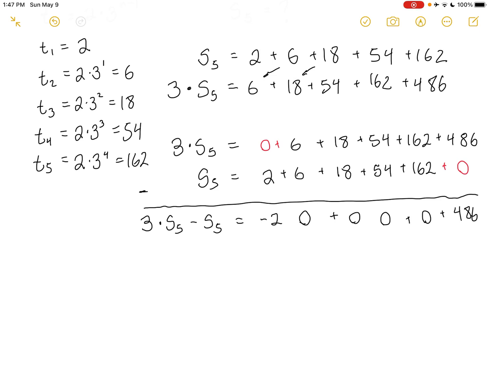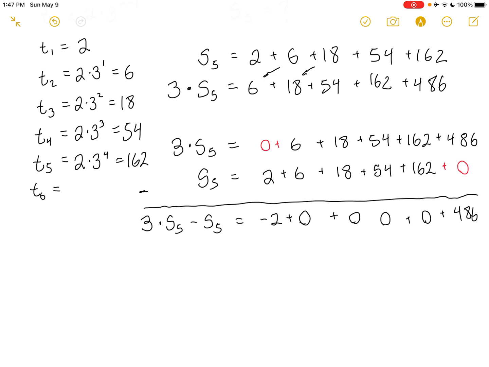So you can see all of these terms in the middle actually cancel each other out, and what we're left with is just the first one and the last one. That last one, even though we didn't need it to add the terms in the series, was actually T6. It was the next term in the sequence. So I'm going to write that out over here.